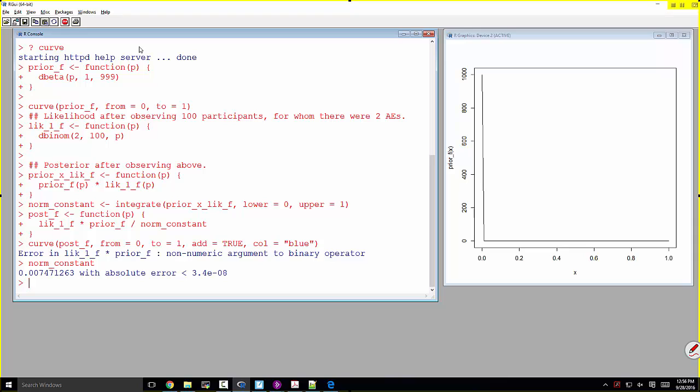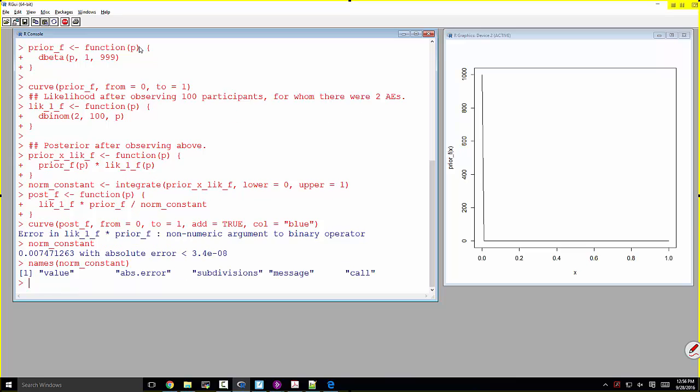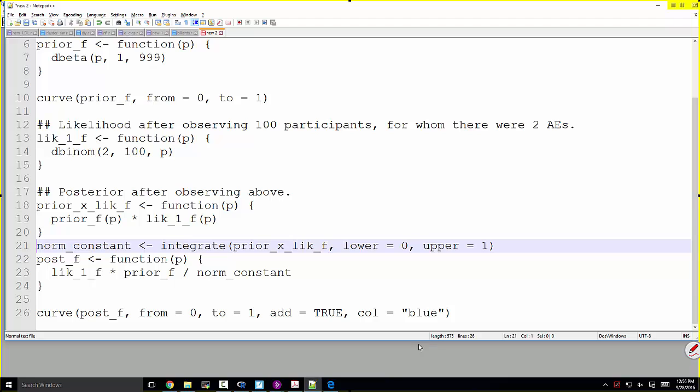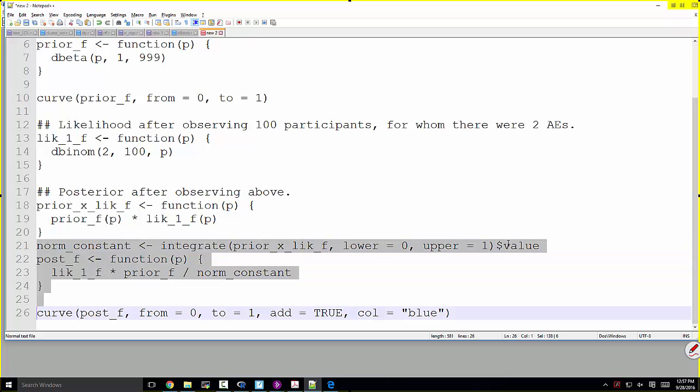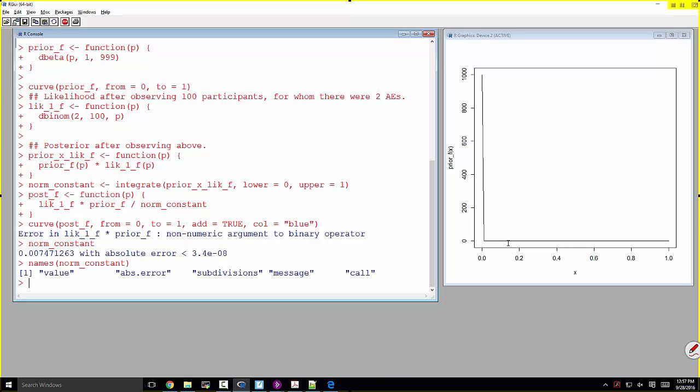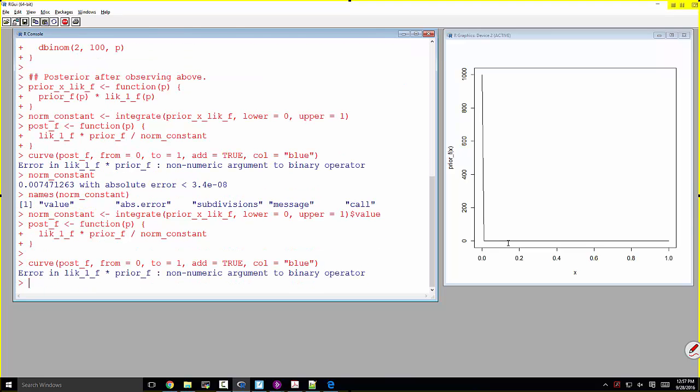Whenever you use the integrate function, norm constant is the result of doing integrate. It actually is not a numerical value. There's a numerical value in there. Let's ask, what are the names of norm constant? There's something called value. So let's get that. And try again. Non-numeric argument.